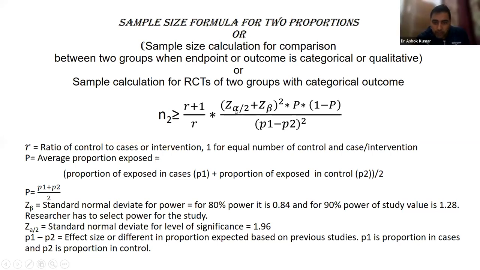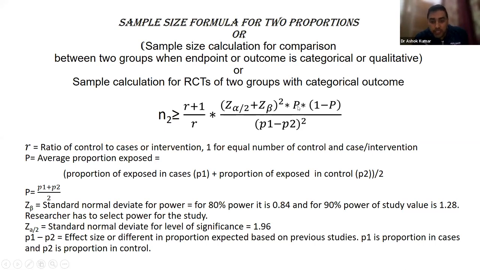We have to add both values and square it. Then multiply by P, capital P, again multiplied by 1 minus P. So P, 1 minus P, we have seen, I think, yesterday. Okay, then divided by (P1 minus P2) whole squared, you can see.